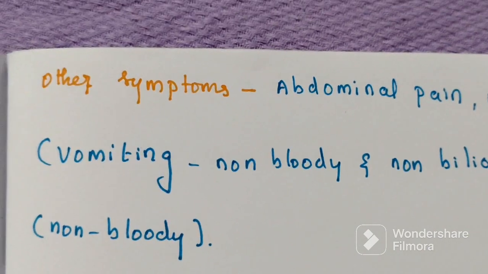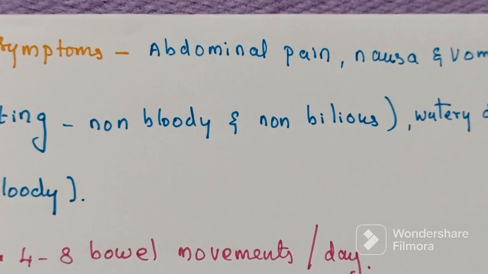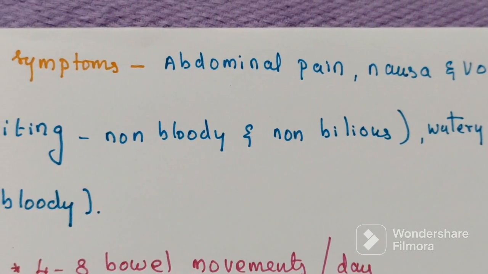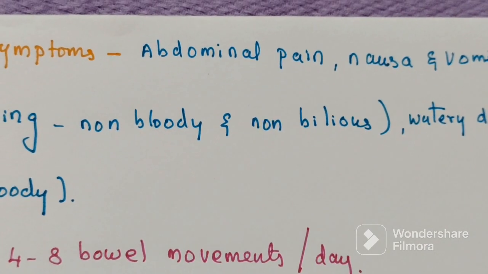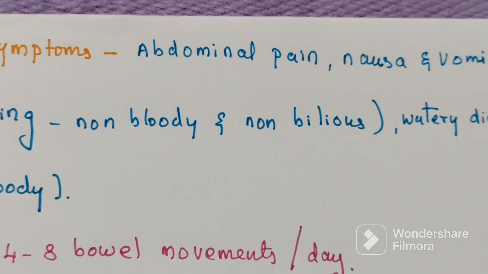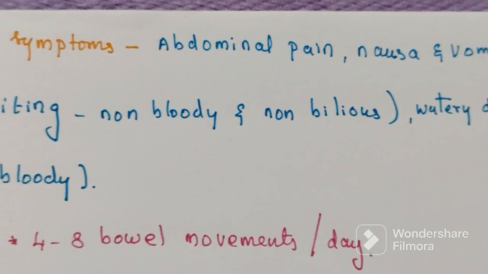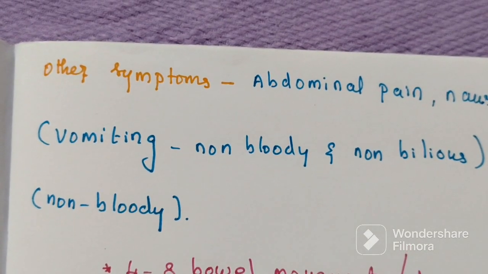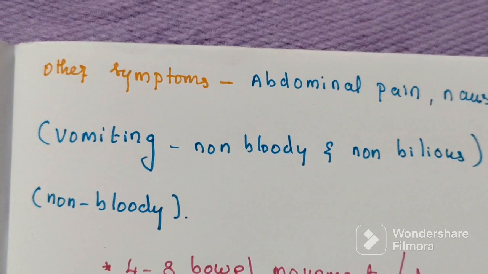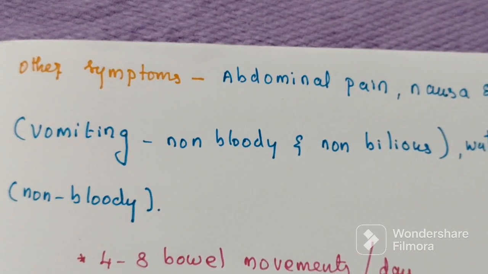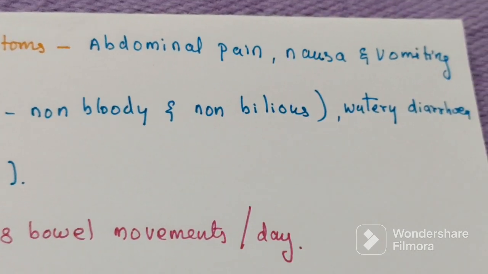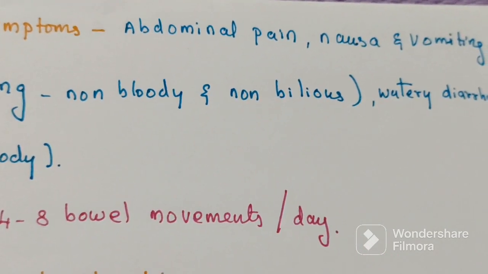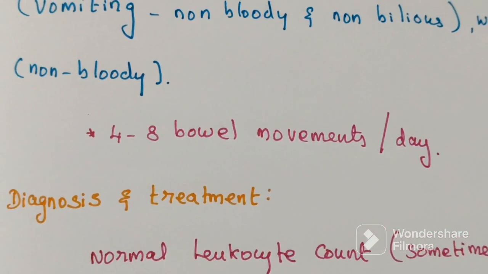What are the other symptoms? Abdominal pain, described as cramping in nature, and nausea and vomiting that is non-bloody and non-bilious. Then watery diarrhea, also non-bloody, described as moderate; it is not excessive like some other gastrointestinal conditions.